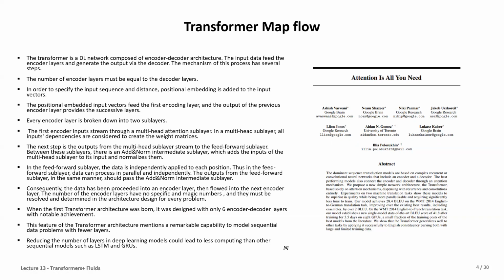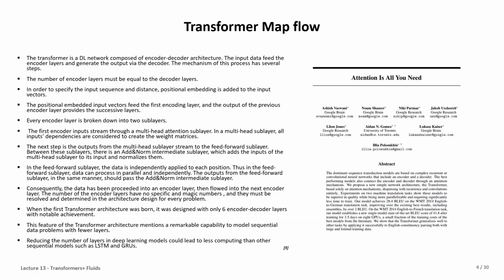In order to specify the input sequence and distance, positional embedding is added to the input vectors. The positionally embedded input vectors feed the first encoding layer, and the output of the previous encoder layer provides the input of the successive layers. Every encoder layer is broken down into two sublayers.